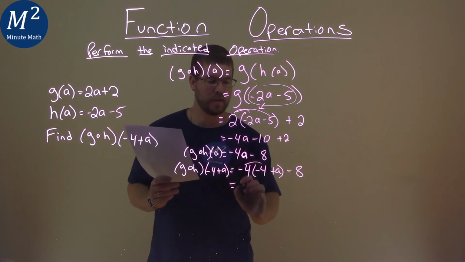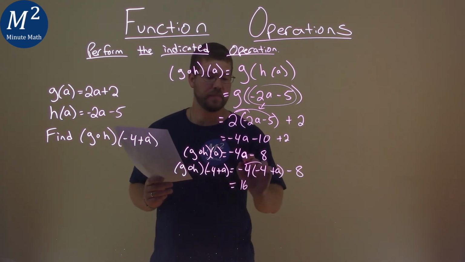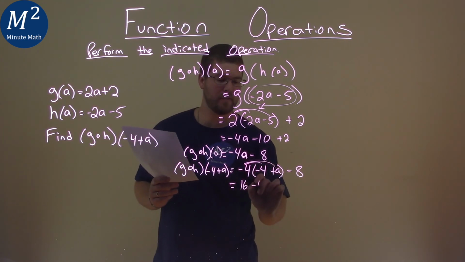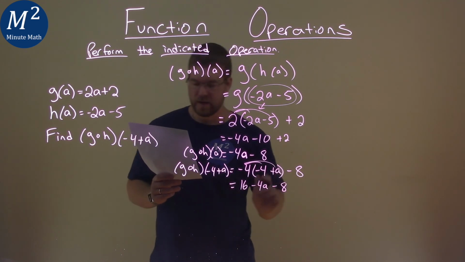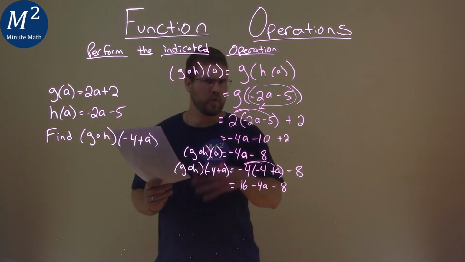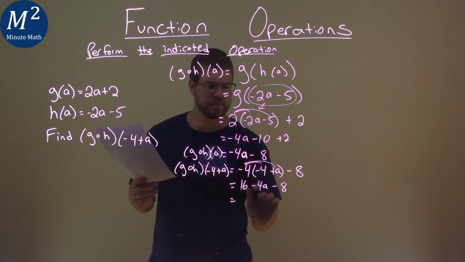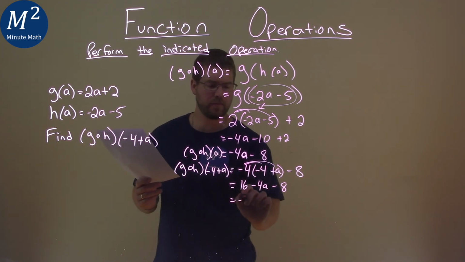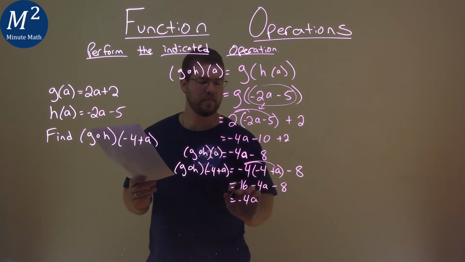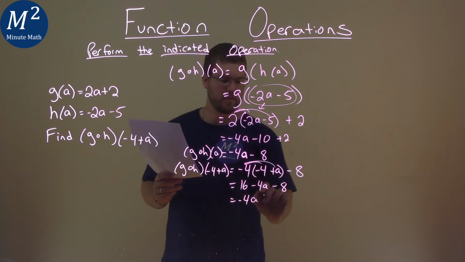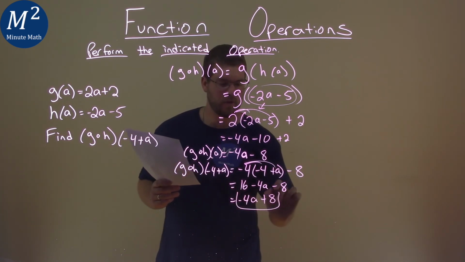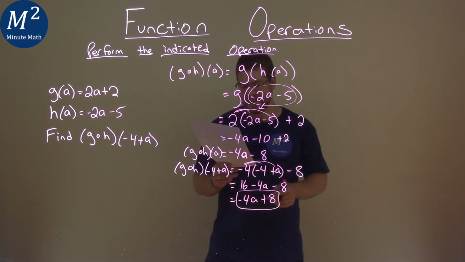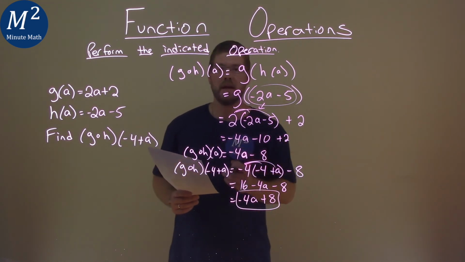Negative 4 times negative 4, positive 16. Negative 4 times a is a negative 4a. We minus an 8. Let's rearrange this and combine our like terms. Nothing goes with the a, so we put that first, negative 4a here. And 16 minus an 8 is a positive 8. And so our final answer here is negative 4a plus 8.